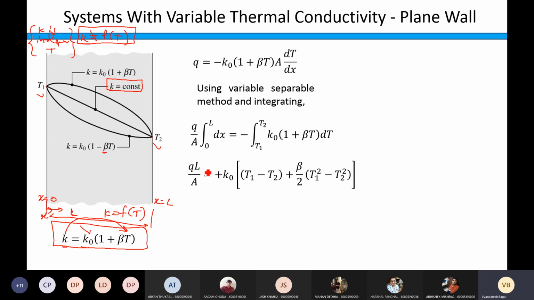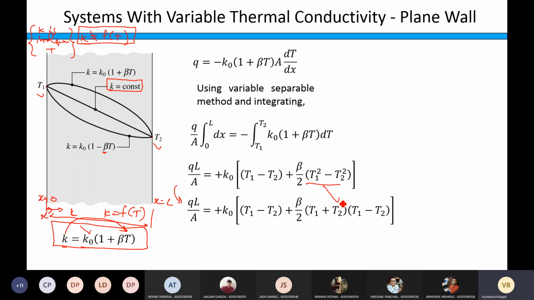Now just solve this, and you will get this expression. Now this minus sign is replaced by plus, and the order of the limits is changed. You can take T1 as the upper limit and T2 as the lower limit. The minus sign is taken care of here. Once you solve this, you will get this expression. From this, you can write this equation: QL by A is K naught into this term.